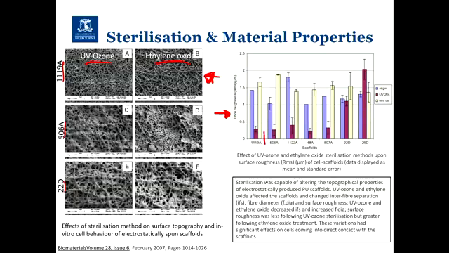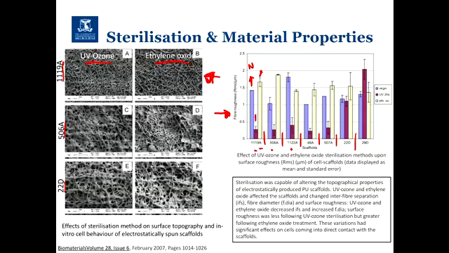And then each group of 3 is a different material. So you're comparing no sterilisation to UV to ethylene oxide. Depending on the type of material, they can clearly show that the surface roughness of the materials is being changed based on what type of technique was used.